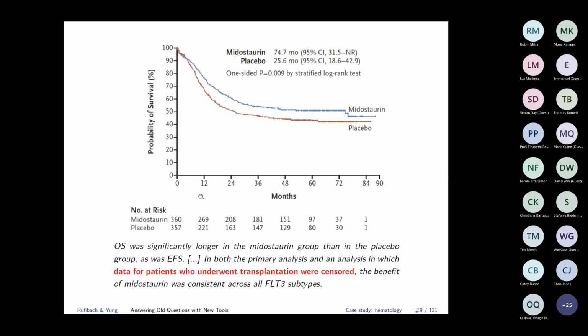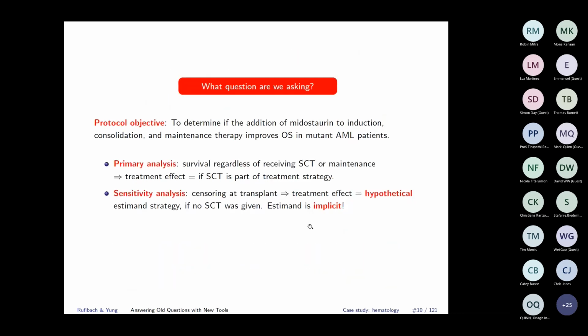It's just basically we did this other analysis and the result was the same. But the point is, it implies a whole different question. And that's all okay, but then that should be made explicit. And we should start with the question and not with just doing a different analysis.